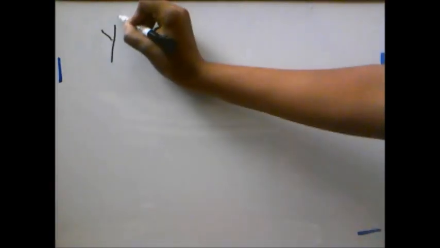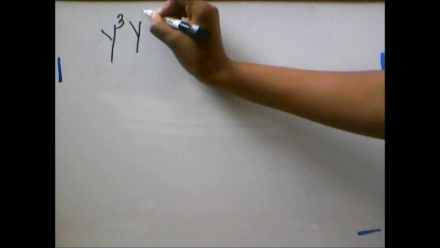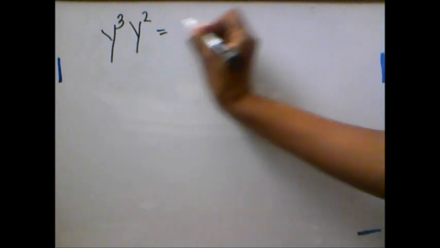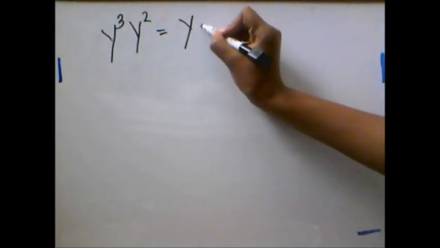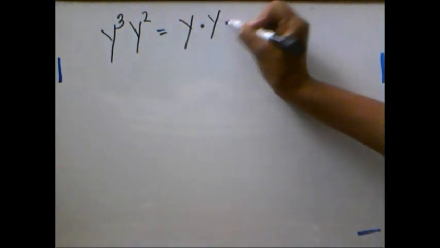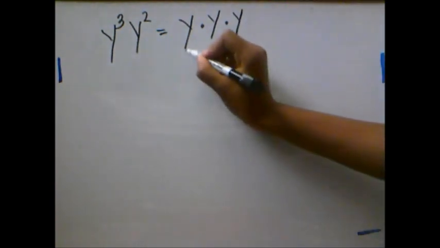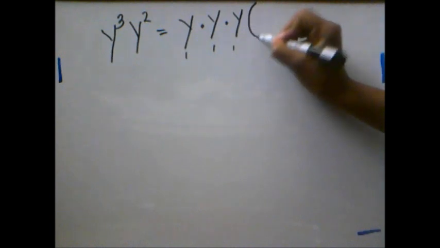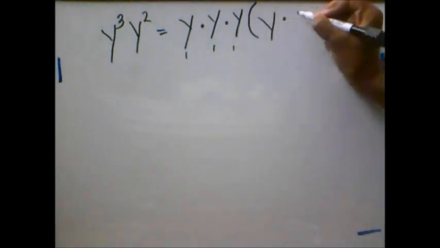Let's break down the concept. Okay, so we had y to the 3rd times y to the 2nd. Judging from the previous video, we know that y to the 3rd is simply y times y times y. 1, 2, 3. And we know that y to the 2nd is y times y.